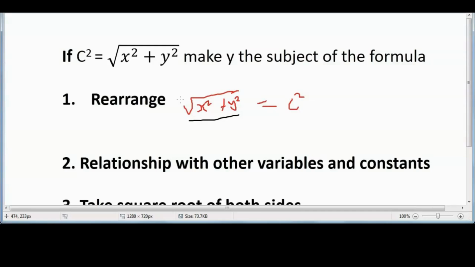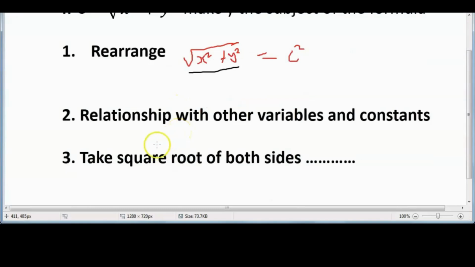So what we are going to do now is to remove the square root bracket first. How do we remove the square root bracket? We square both sides.